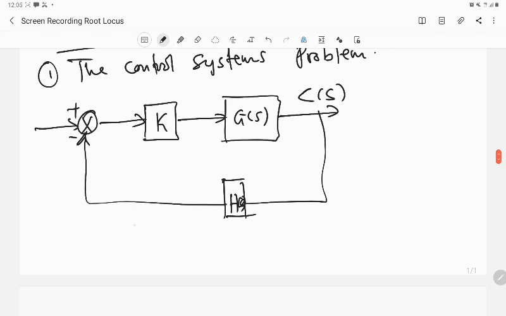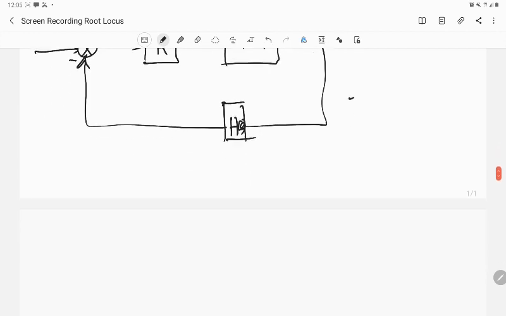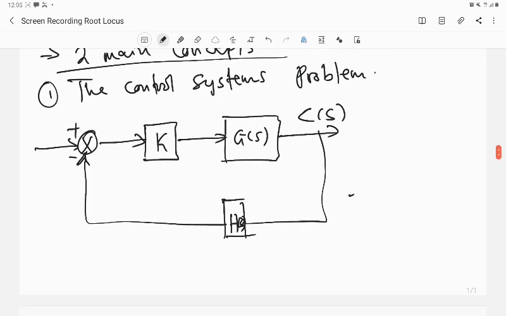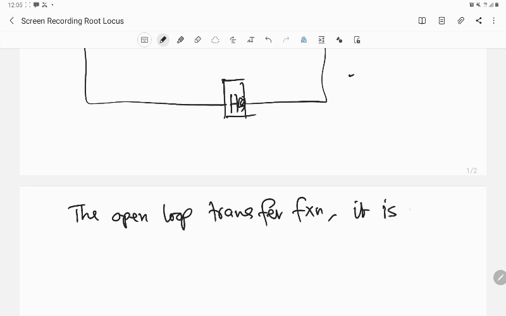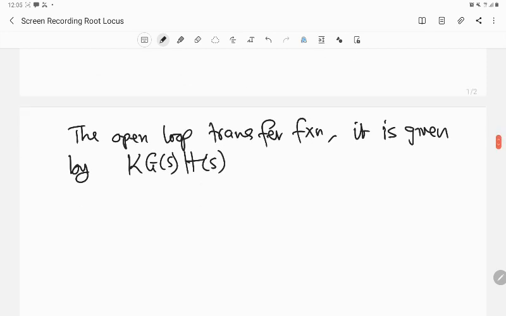Looking at this system, we see the open loop poles. When we talk about the open loop transfer function, it is given by K G of S H of S. This is what we call the open loop transfer function.